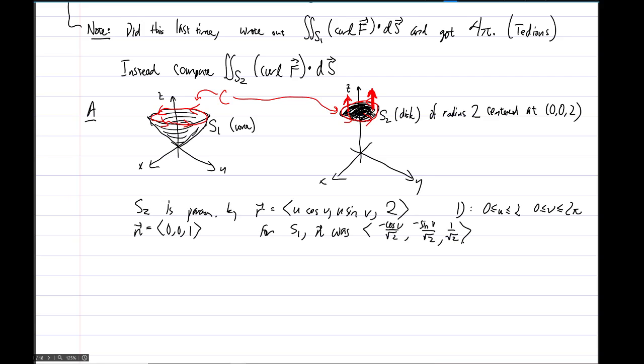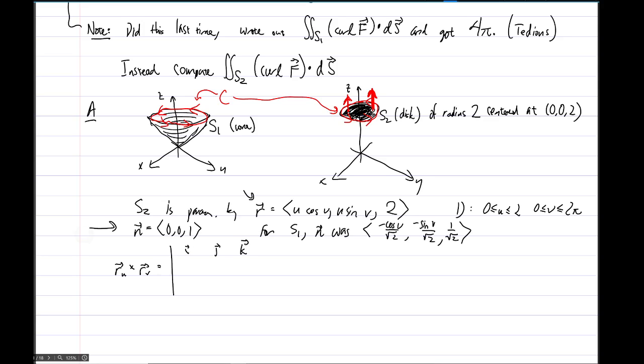So we had a thing that needed to be more complicated last time. But now we have this r and this orientation N for the surface S2, and then r_u cross r_v, we set up as a 3 by 3 determinant.